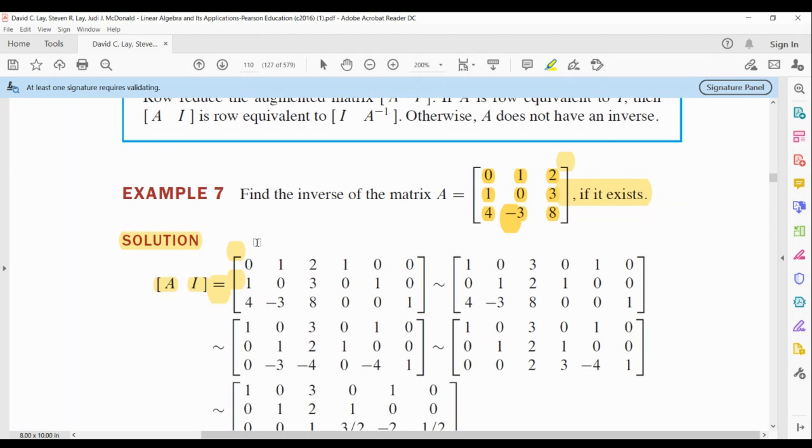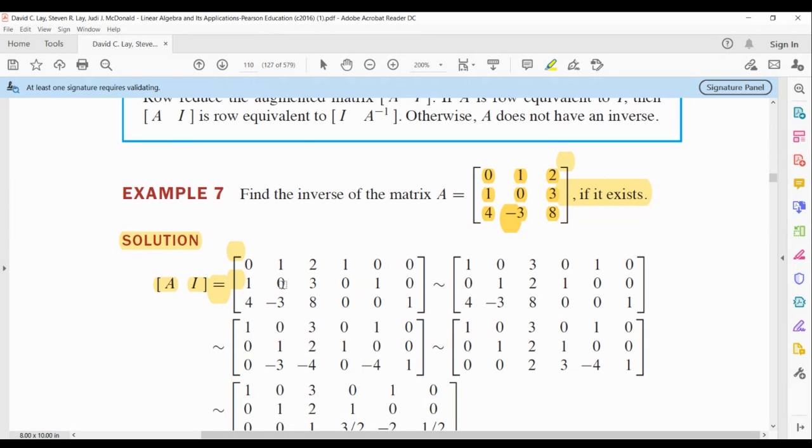The first 3 columns are from the matrix A. What do the last 3 columns represent? The first 3 columns is the matrix A. The last 3 columns is the identity. Good. So our goal is to get the matrix A into reduced echelon form.